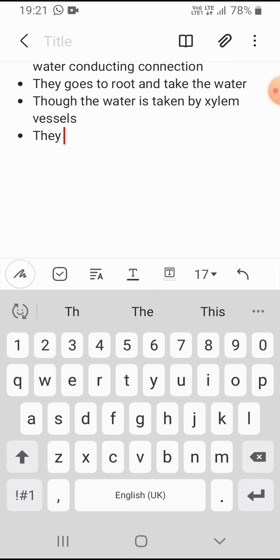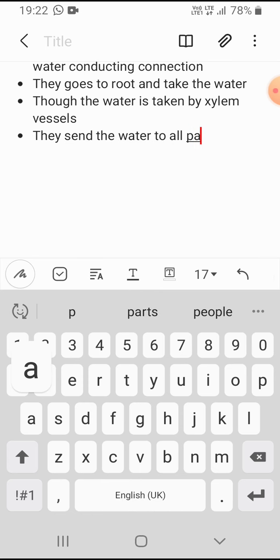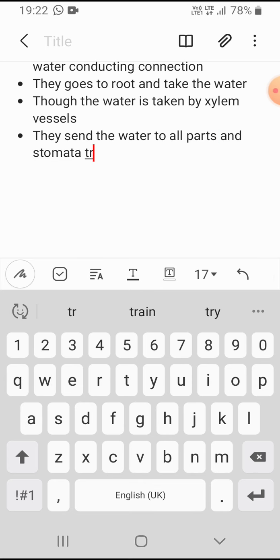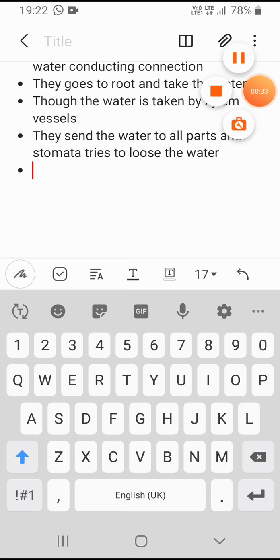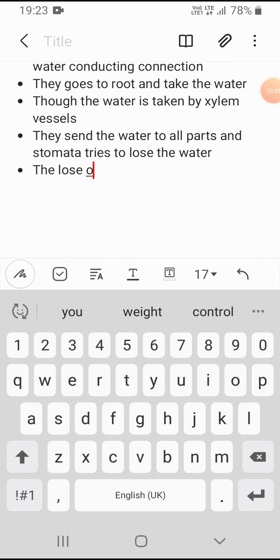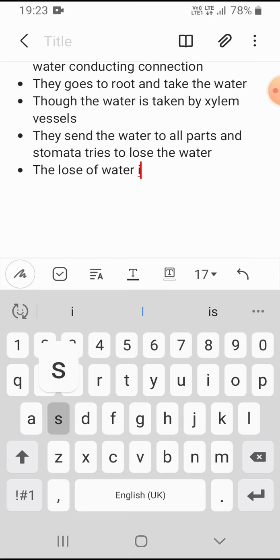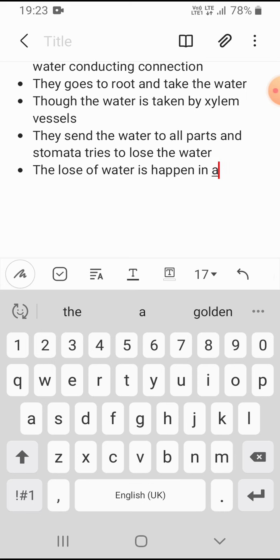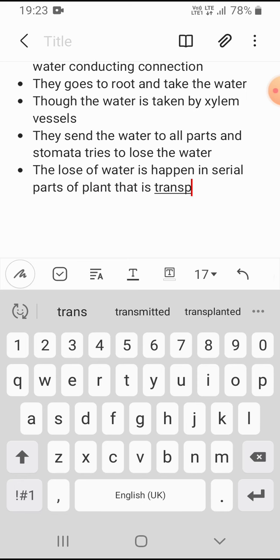They send the water to all parts, and stomata tries to lose the water. It loses the water, as I said in the explanation of stomata. And the loss of water happens in the aerial parts of the plant, and that is called transpiration.